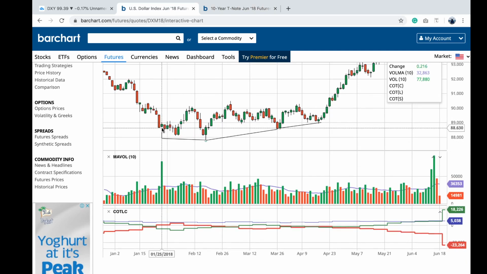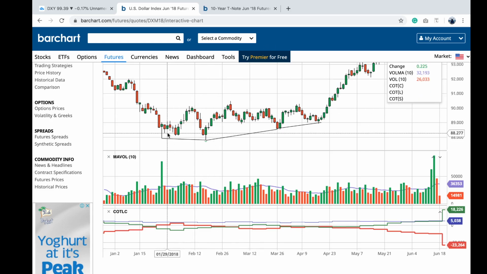So if you look at the 25th of January 2018 to the 16th of February 2018, you can see the DXY made a lower low. Now, if the DXY is oppositely correlated with the 10-year treasury note, you want to see the 10-year treasury note make a higher high, because you're oppositely correlated.